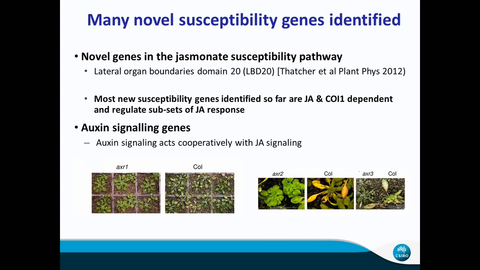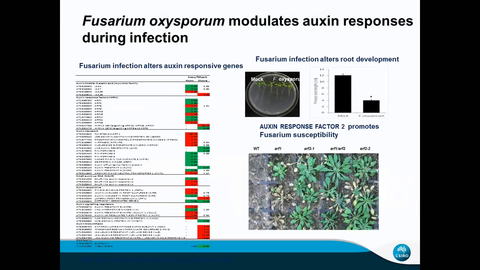Like in this mutant here, one of the auxin mutants, you get complete resistance, whereas in the wild type you get quite a bit of susceptibility. So for some reason, resistance against Fusarium oxysporum in Arabidopsis seems to be acting through susceptibility genes.